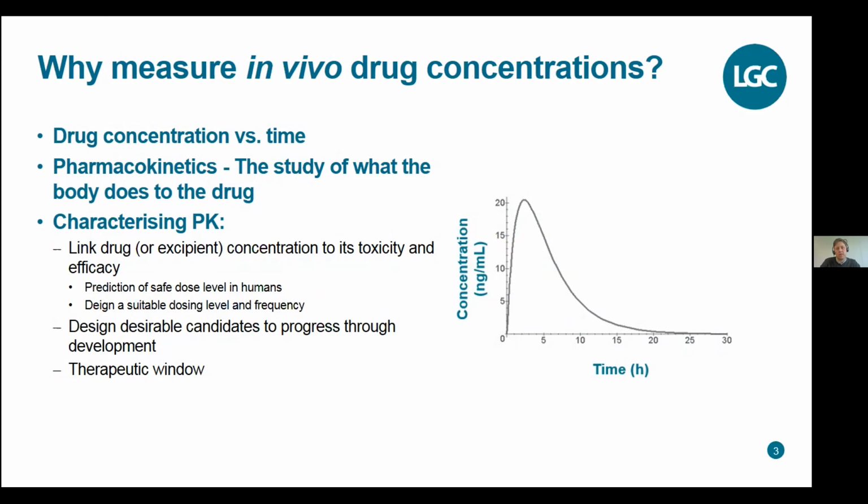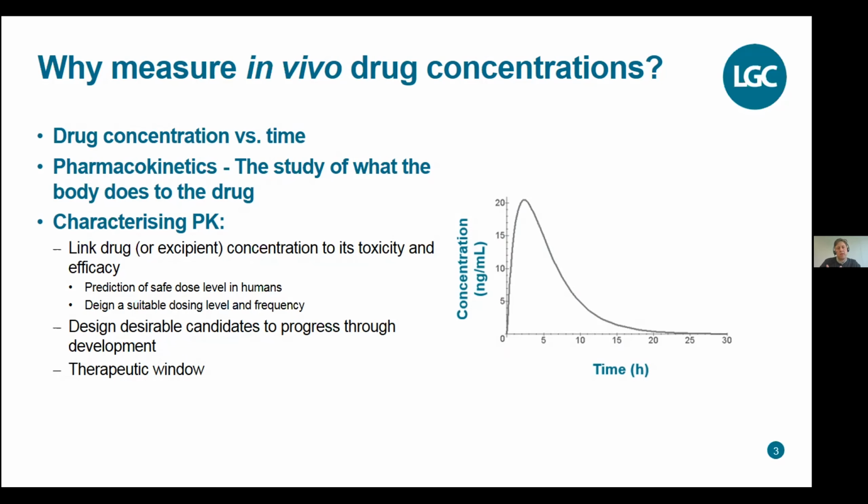Understanding the pharmacokinetics of a drug is really important in that we can start to link the drug or excipient concentrations to the toxic effects they're having and also their efficacious effects. So then we can start doing things like making predictions of safe dose levels in humans, and designing suitable dose levels and frequencies of dosing within humans as well.